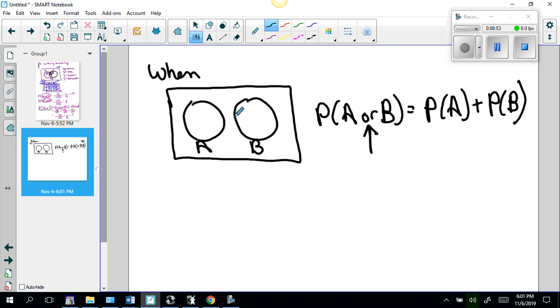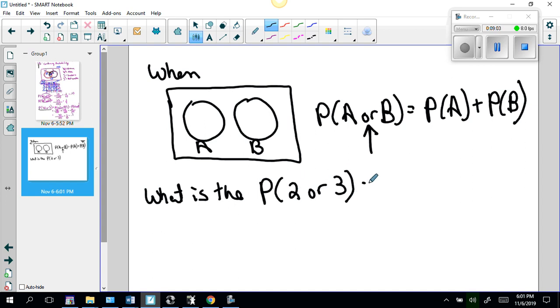So what is the probability of rolling a 2 or a 3? Well, how can you overlap a 2 or a 3? You can't roll a 2.5. No, it's not going to happen.